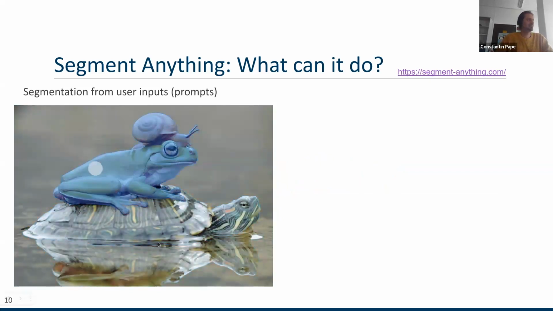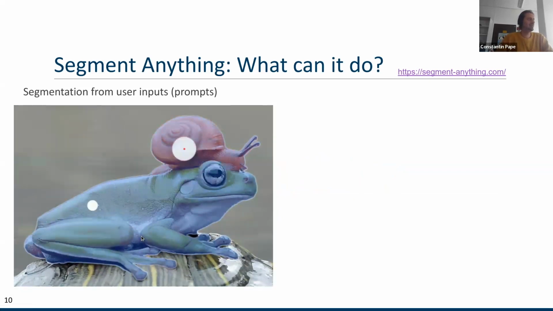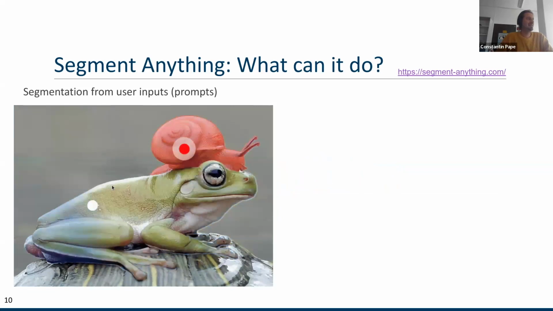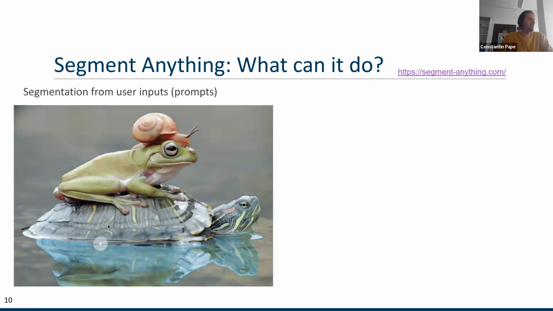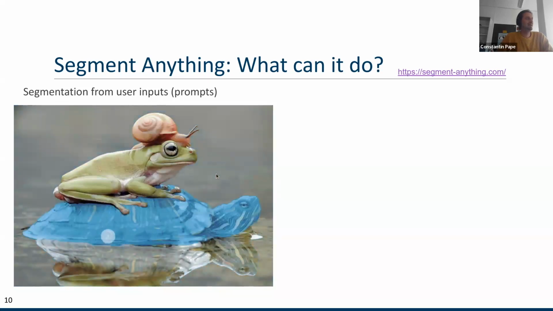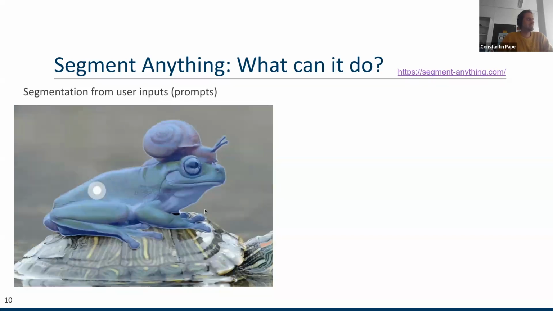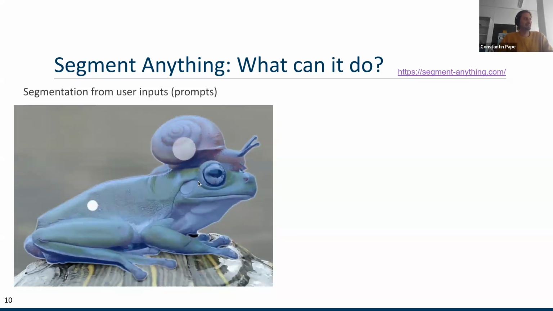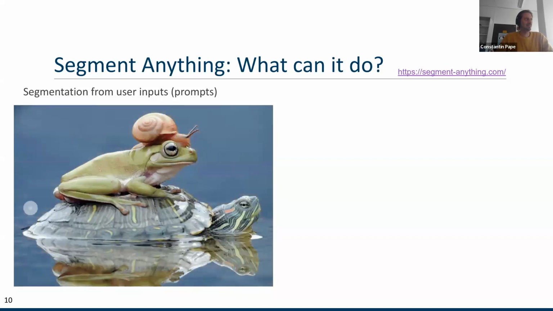This is what you can see in the GIF here: the point hovering over the image would be the user input, and the object highlighted in blue is a segmentation mask predicted by the model. And it can do this not only for turtles and frogs or snails, but for a lot of different images, without necessarily being trained for the specific categories or even the imaging domains that are seen in there.